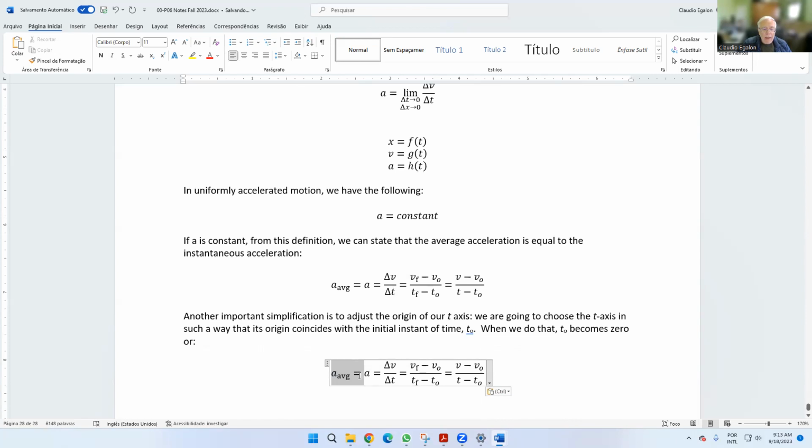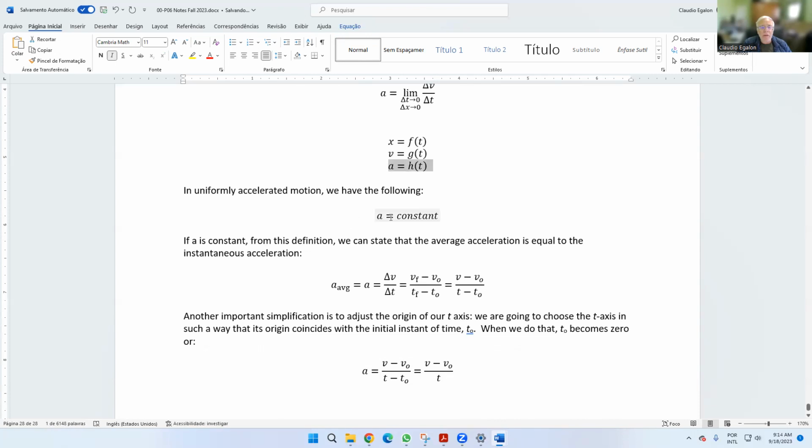And now I am calling the average acceleration just a, right? And the next step is just going to be something like that. Here you go. Remember that we have 3 equations of motion that we have to find. The first one we already found. The first equation of motion is in reality the last one that we wrote down here.